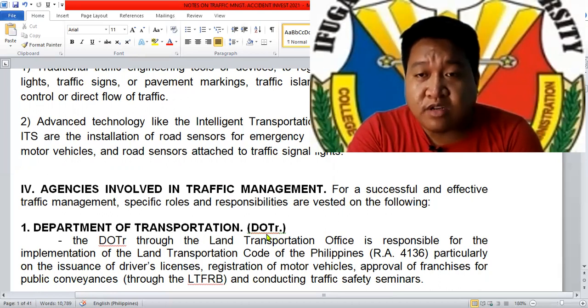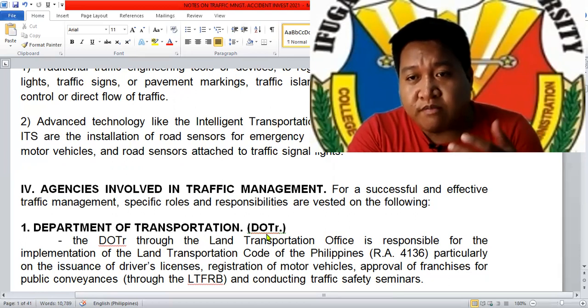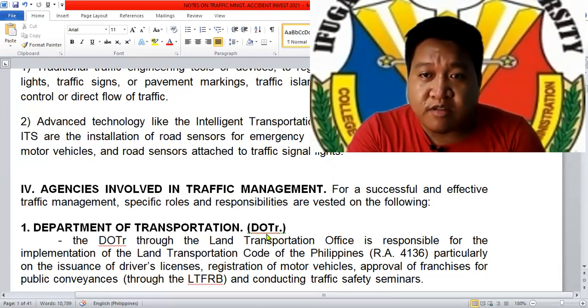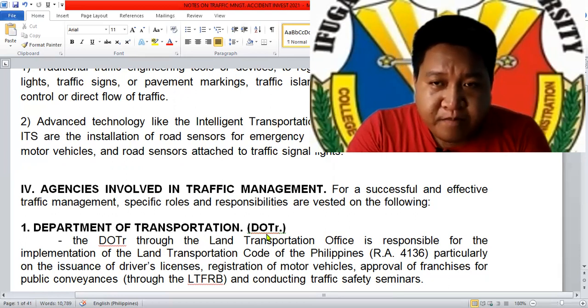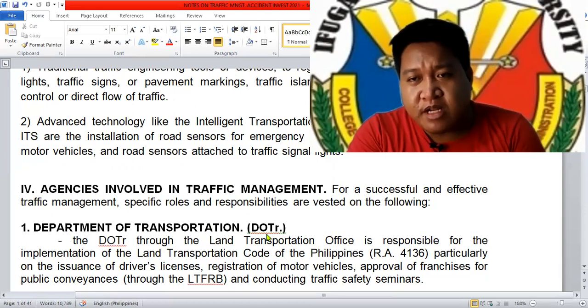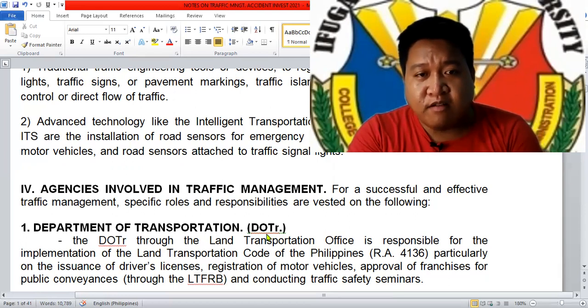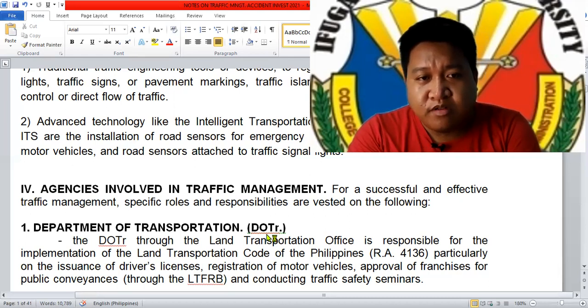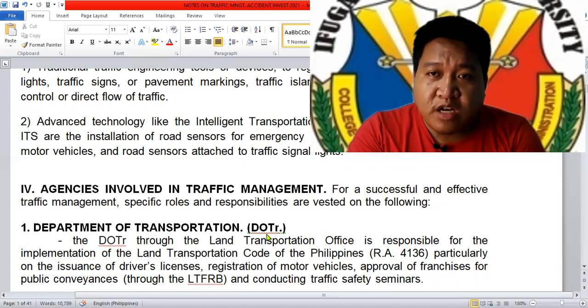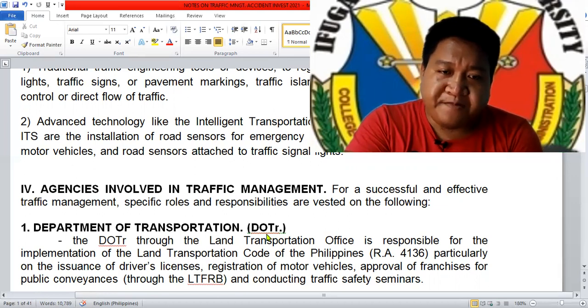Pero ang Philippine Coast Guard, yan naman yung armed unit under the DOTR that is maintaining peace and order in the sea or maritime territory of the country. Ganon din naman ang PNP, meron din silang maritime group. So ganon din ang DOTR, meron silang PCG.